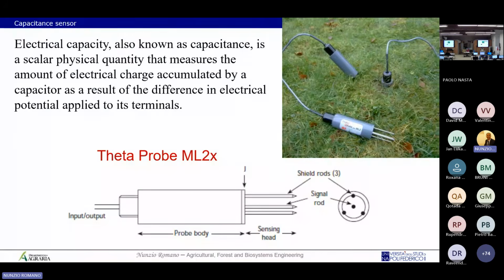And these are some examples here of capacitance probes that you can find selling in the market.